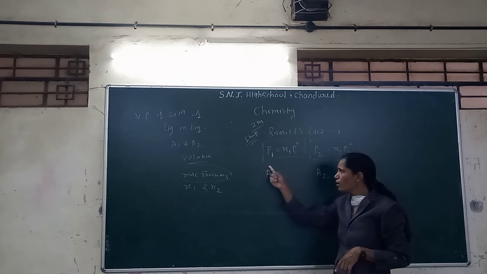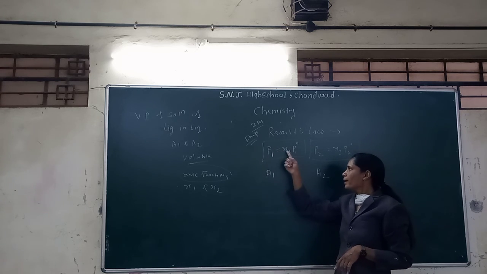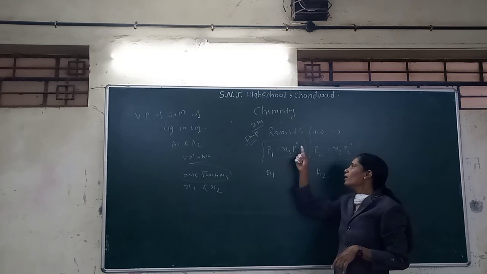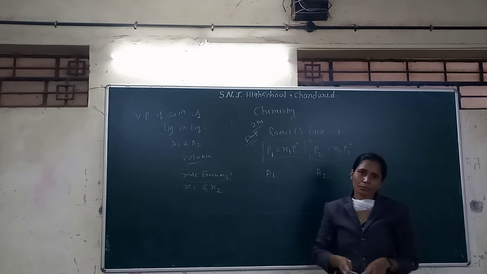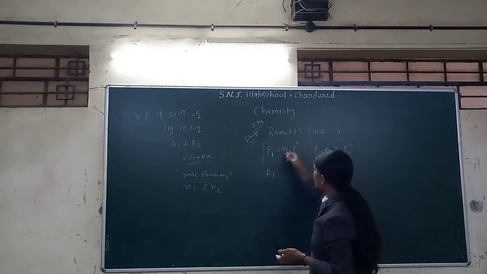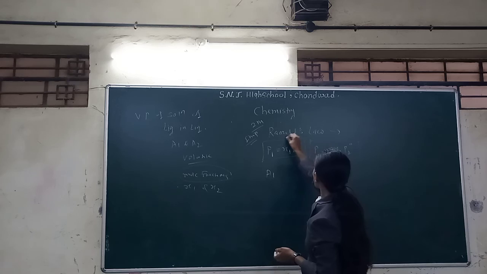P1 is the partial pressure, X1 is the mole fraction and P1 naught is the vapor pressure of the pure solvent. From this equation we get Raoult's law.